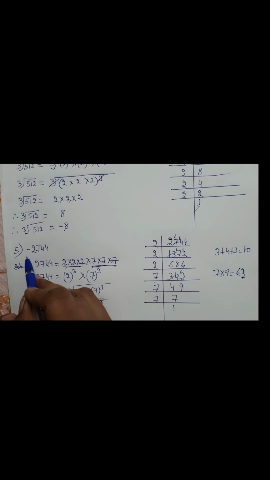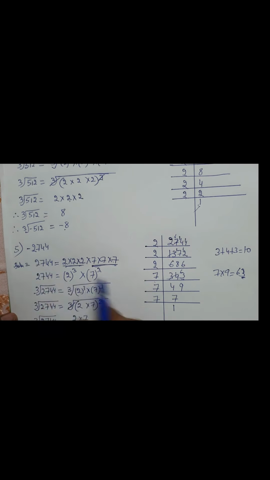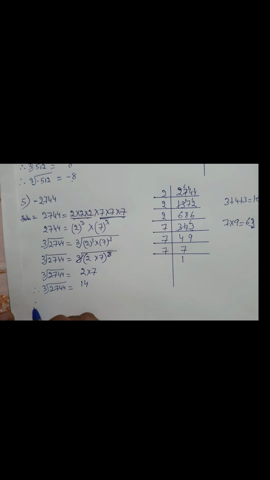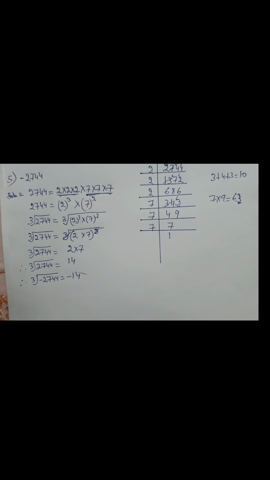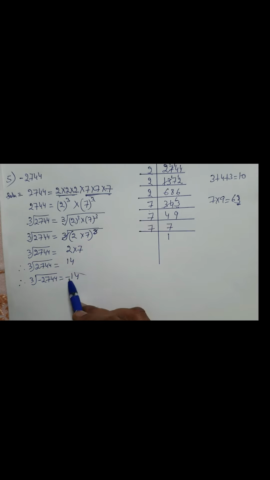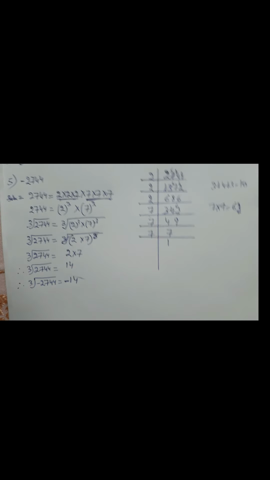But in our question, there is a minus sign. So we have to write, therefore, the cube root of minus 2744 is equal to minus 14. So this is our final answer. Okay children? When here there is minus, even here it will come minus.